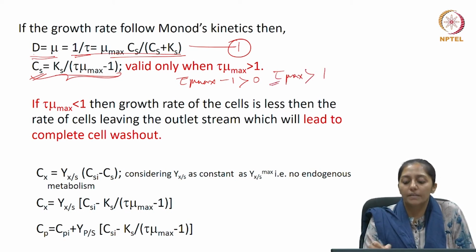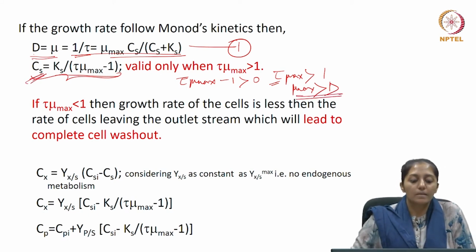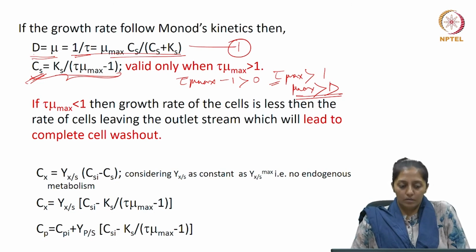If we again bring tau as an inverse of dilution rate, mu max has to be greater than the dilution rate for substrate concentration to have any valid numerical value.